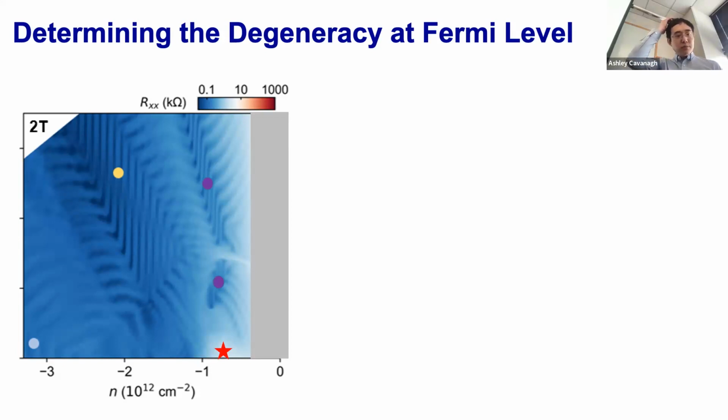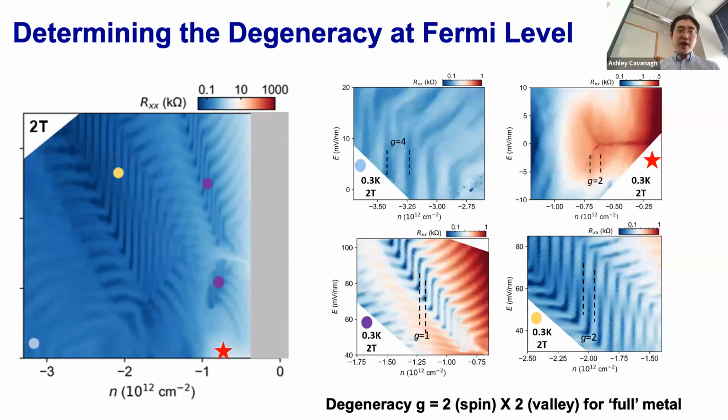The degeneracy of the quantum oscillations tells you potentially the nature of the ground state, whether some spin or valley symmetry is broken. For example, in this region, I'm showing a big distance between 2 adjacent features in Rxx, corresponding to a degeneracy of 4. There are other regions. For example, in this bubble, you see regions that give you a degeneracy of 2, and in some other region, you get a degeneracy of 1.